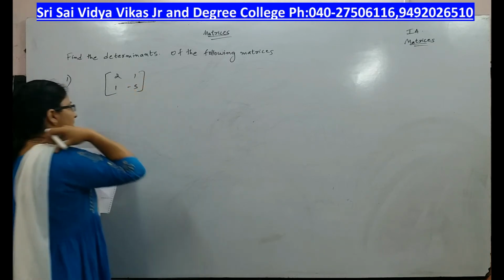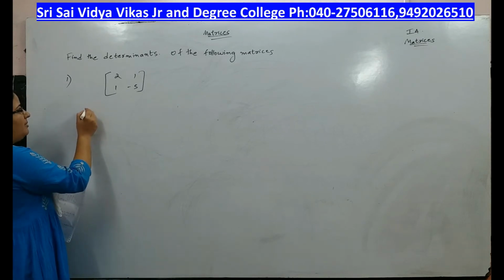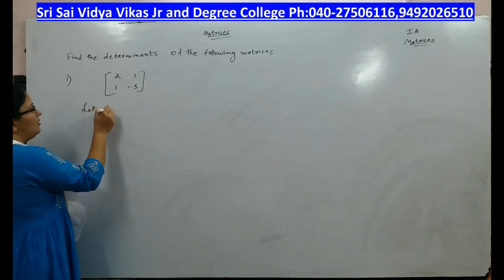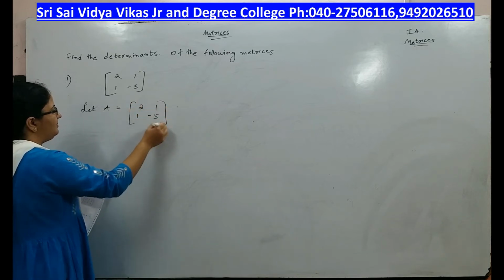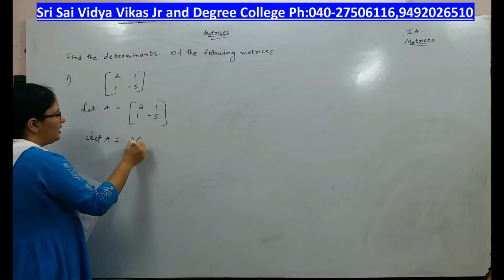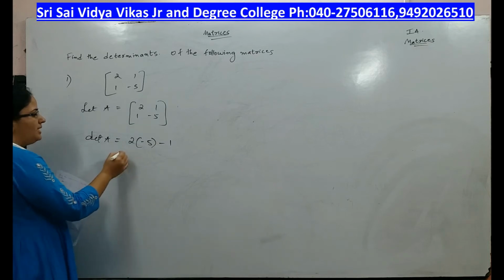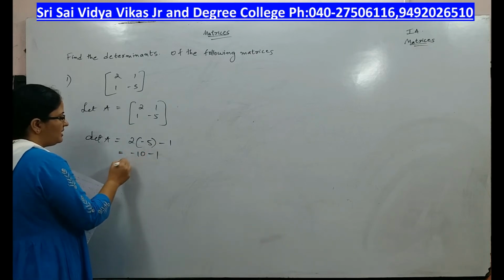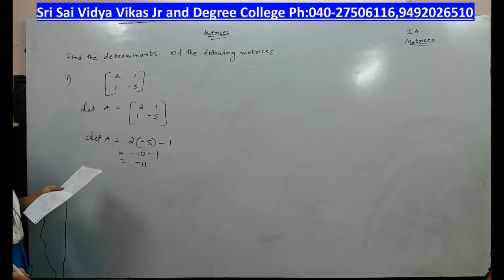This is the first matrix for which you have to find the determinant. So determinant is AD minus BC, let A is equal to 2, 1, 1, minus 5. Determinant of A is 2 into minus 5 minus 1 into 1, which is minus 10 minus 1, which is minus 11. So the determinant of this matrix is minus 11.